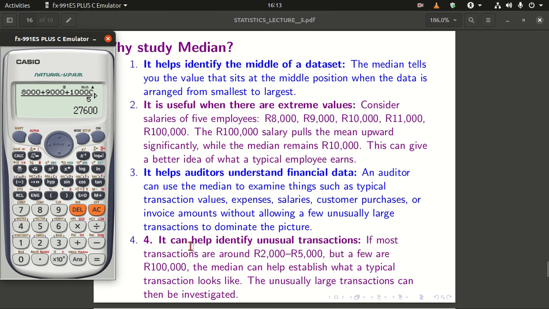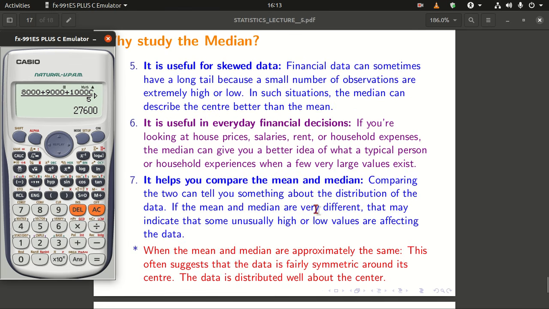Another example is it can help identify unusual transactions, too large and too small. I hope that also makes perfect sense. And other examples: it is useful for school data. You find out sometimes you have large data, and then you have a few of these too large, or a few of these too small.